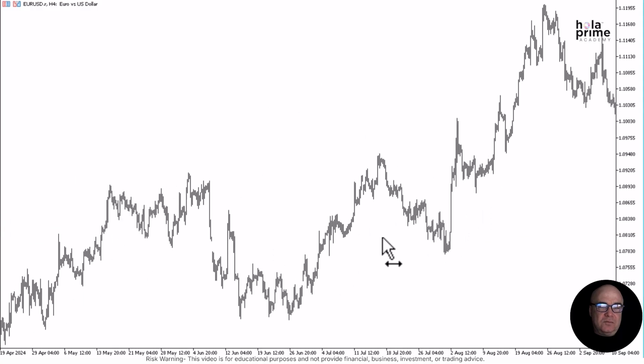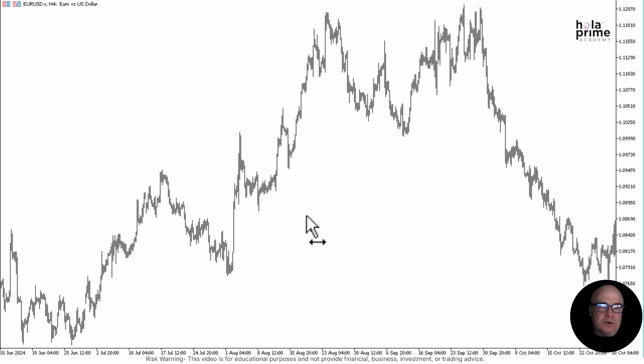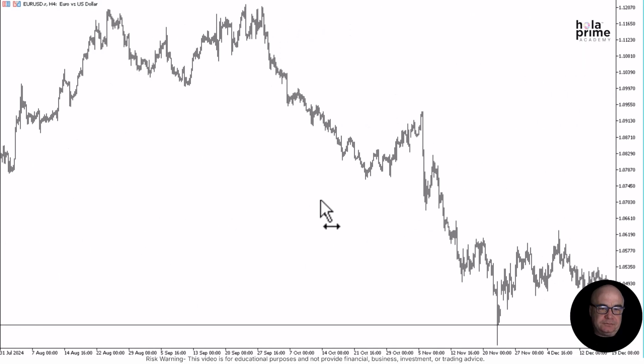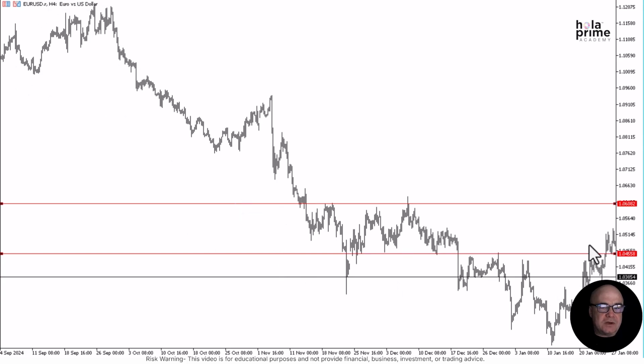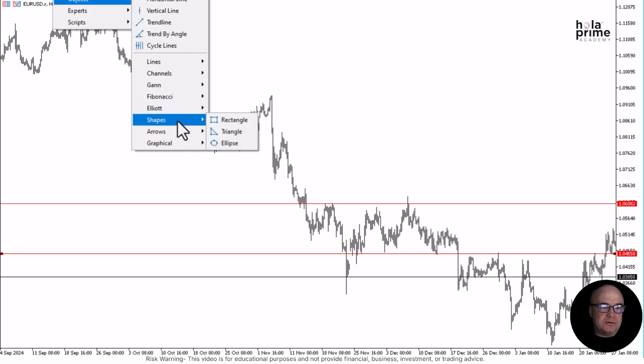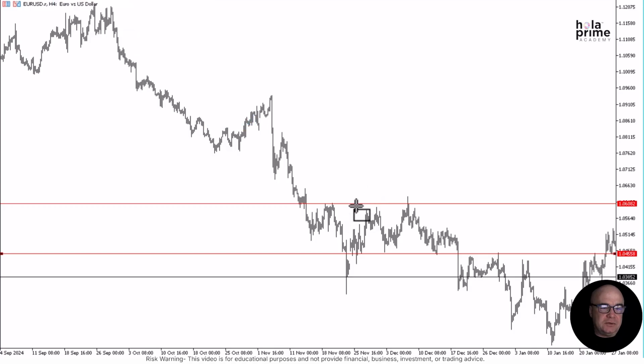However, the more obvious the rectangle, the more interesting it becomes to me. So here is an example of pretty significant support right around 1.0450 and pretty significant resistance right around 1.06. So it's about a 150 pip range of support and resistance, consolidation, if you will.